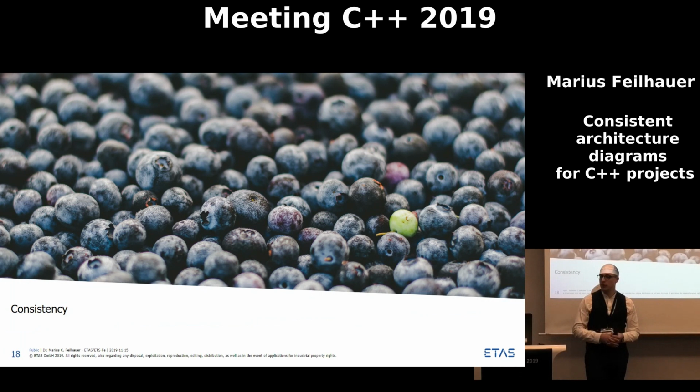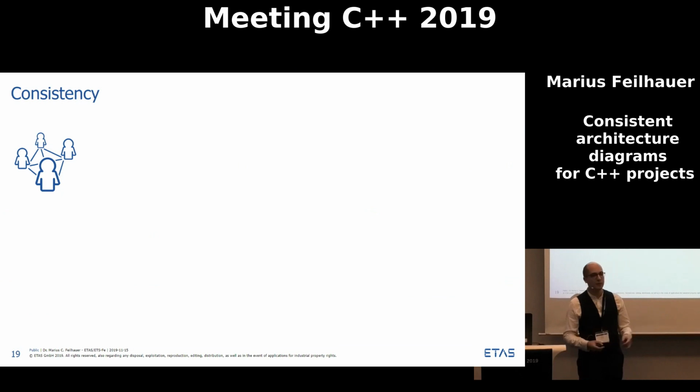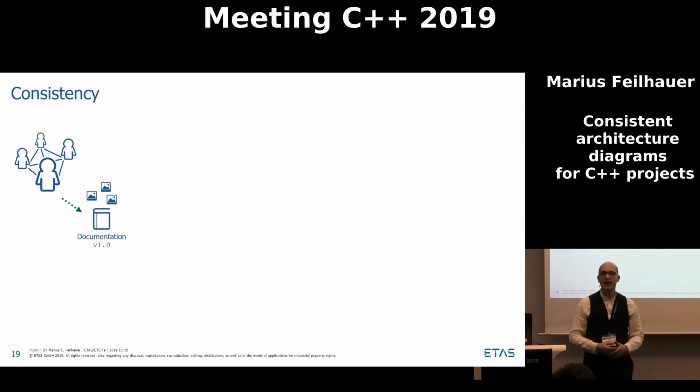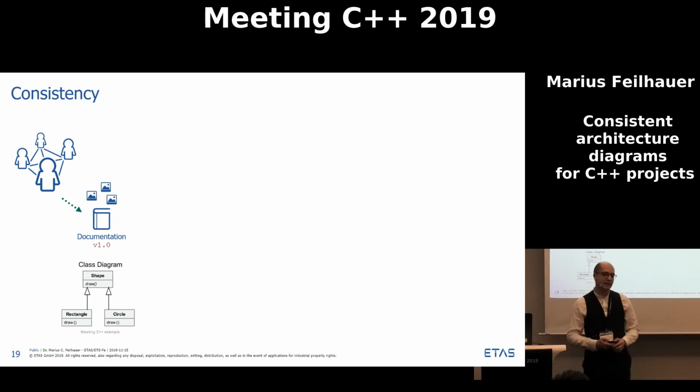So just one slide about consistency, to explain what is meant in this context with consistency. So we, as a team of developers, develop our software, we release version 1.0, and we release it with a great documentation, including some diagrams to express what is meant.